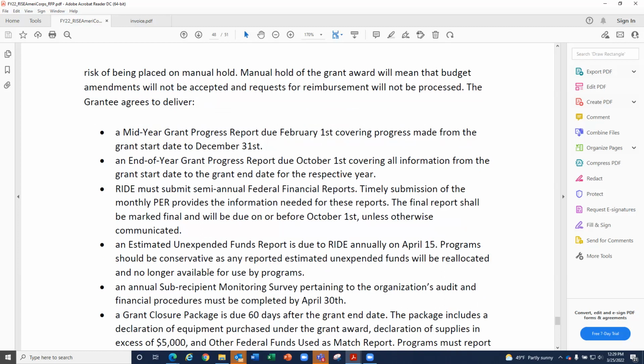This is a report that we again aggregate and send to Americorps, and those funds can be, depending on the grant system and cycles of grants, repurposed to re-reward to you for the following year, or to award to perhaps a new program. So we need to understand if there are resources that aren't going to be used so that we can make sure to squeeze every dollar we can to the benefit of the Rhode Island community.